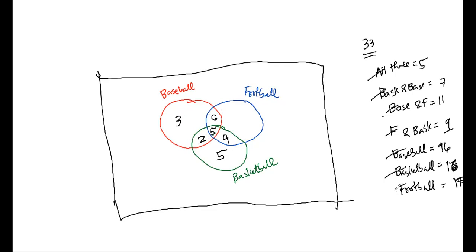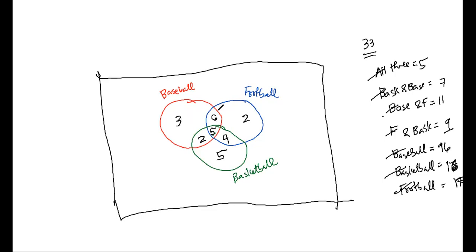Then the last one for football, 17. We add the numbers inside the blue circle. We have 6 plus 5, that's 11, plus 4, that is 15, subtracted from 17, we only have 2. Now we add all the numbers.